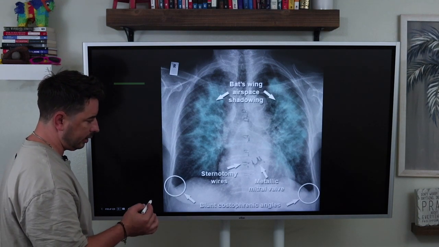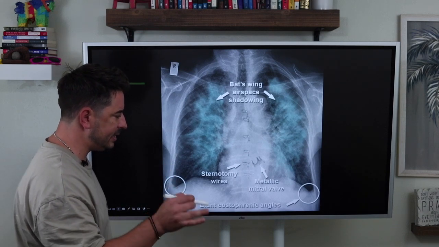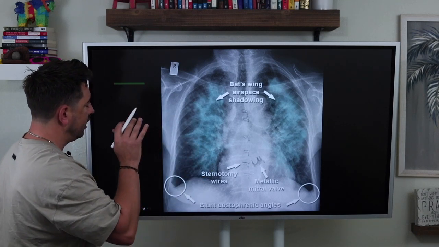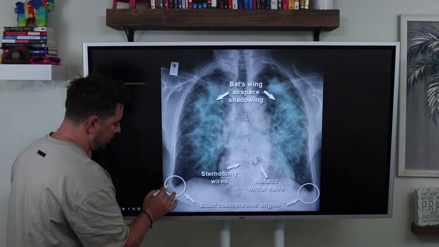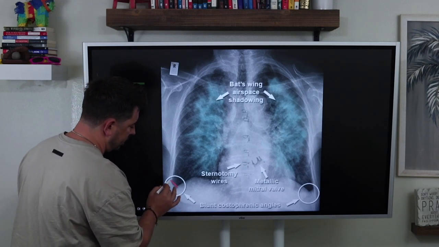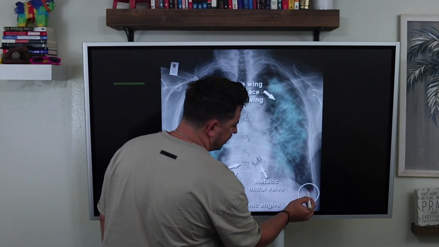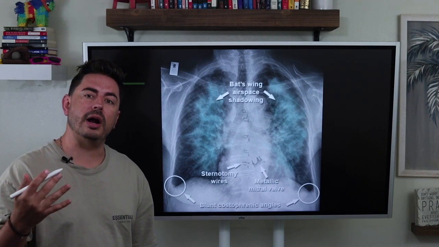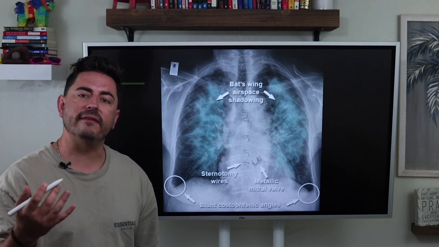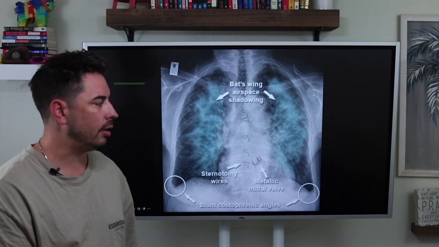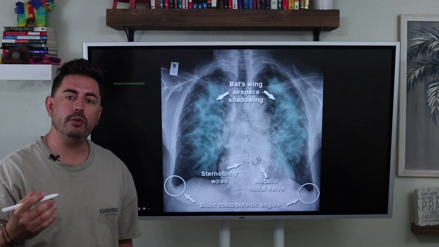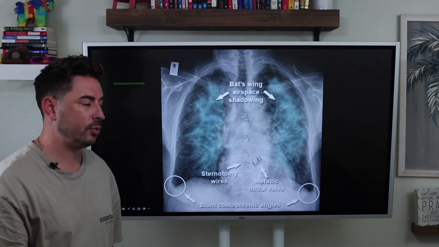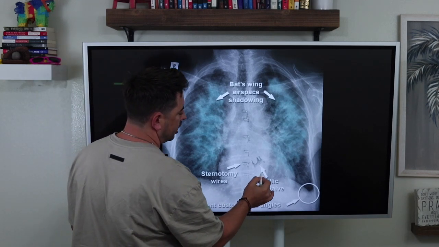So if we were to get really particular about this chest x-ray, we see that there's more fluid here on the right side than there is on the left. Again, the thought process is because there are more lymphatics on the left side than there are on the right.